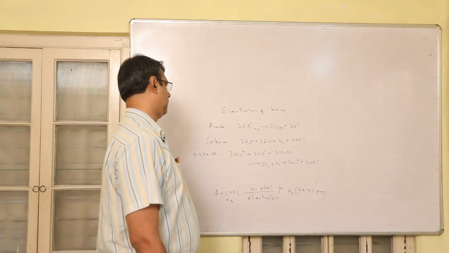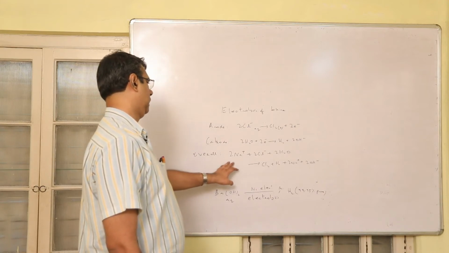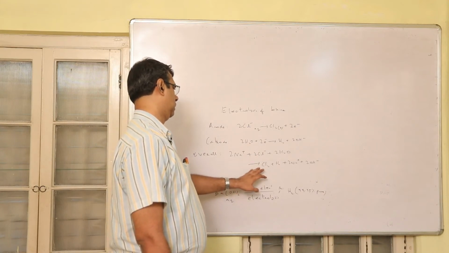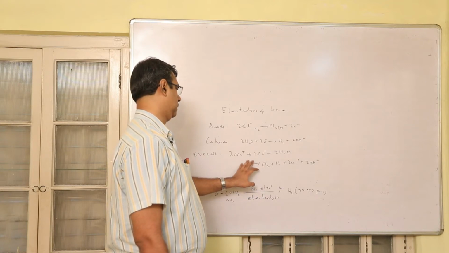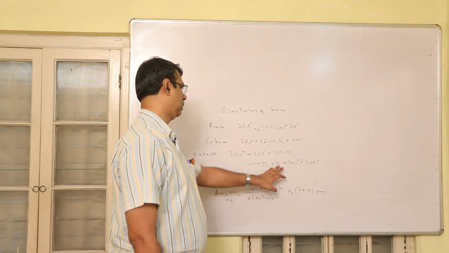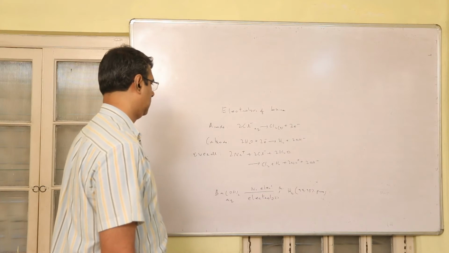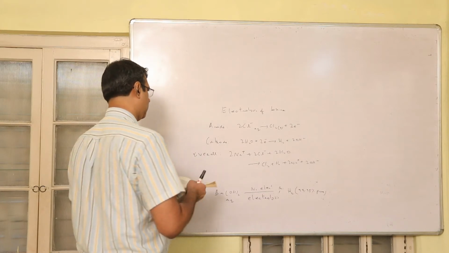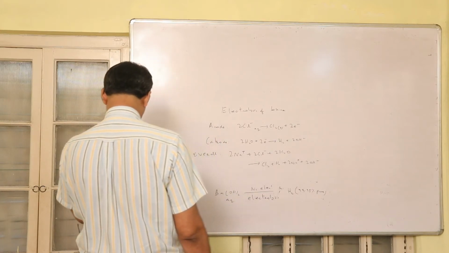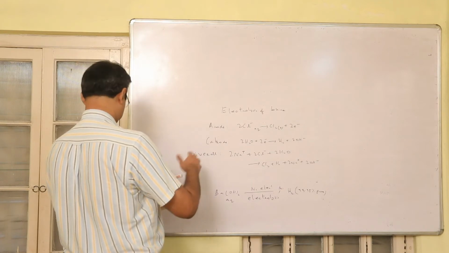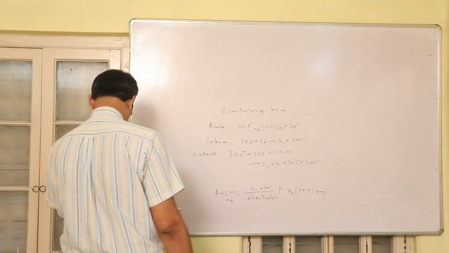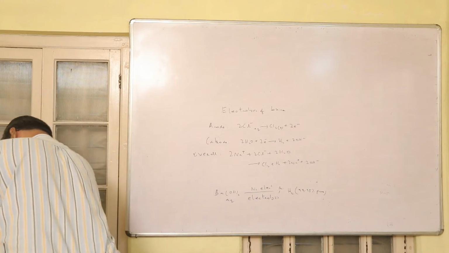This is the overall electrolysis reaction: Na+ Cl-, and you get chlorine at the anode, hydrogen at the cathode. So this is the overall reaction for electrolysis of brine. So this is also a very important commercial method for manufacture of hydrogen.